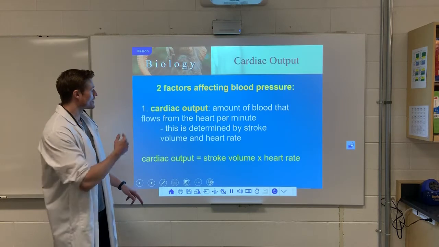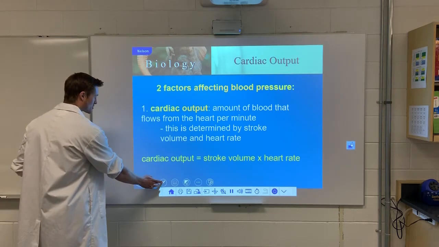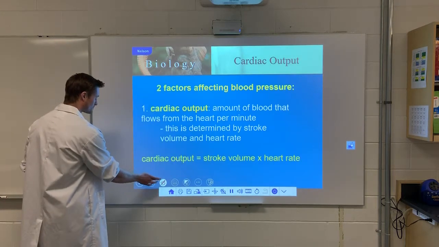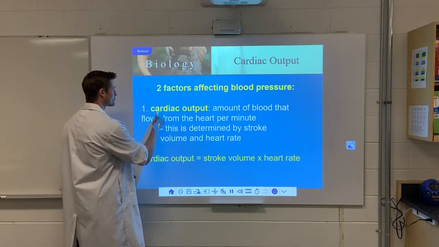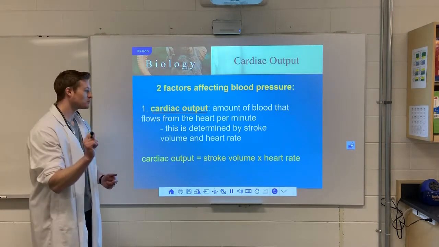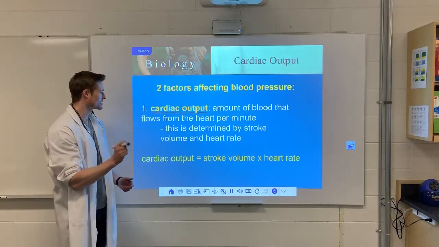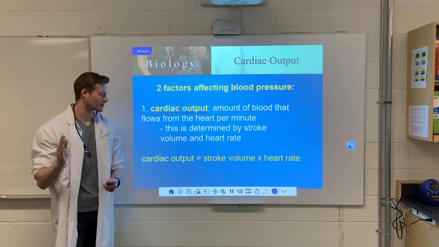blood. Now, two factors will determine your blood pressure. We have cardiac output. This is simply the amount of blood that is pumped out of the heart per minute.